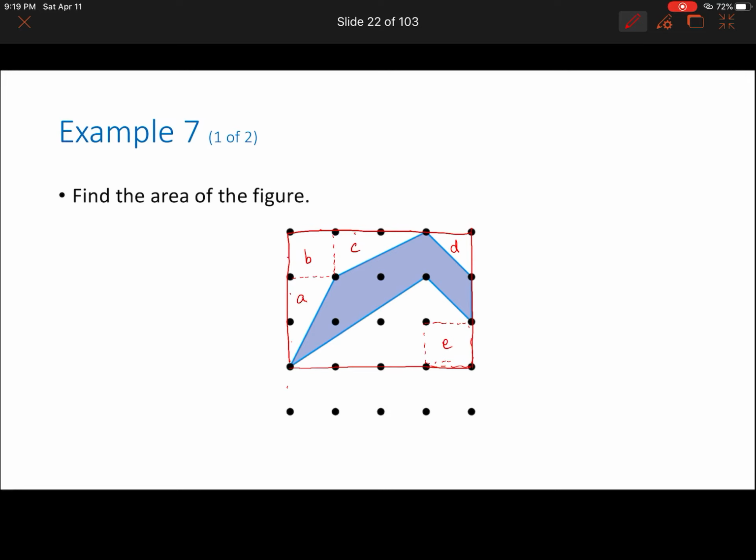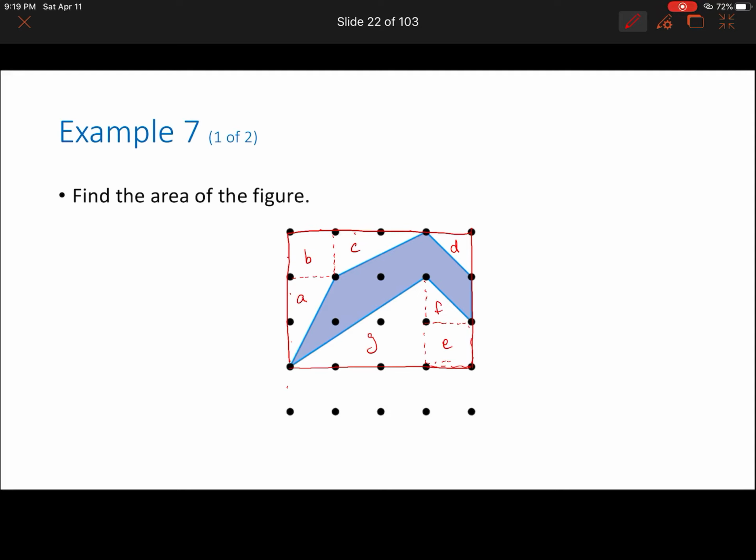We'll call that part E. Let's call this one F. And then we'll take this bigger triangle, we'll call it G. Now, again, you can separate that in a number of ways. That's just a way that's going to be fairly easy for us, I think.